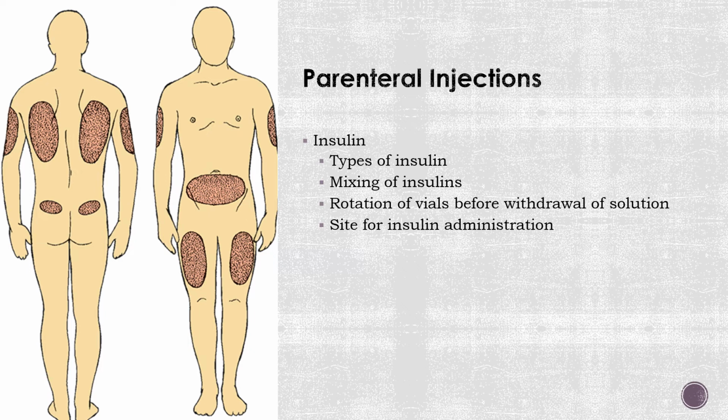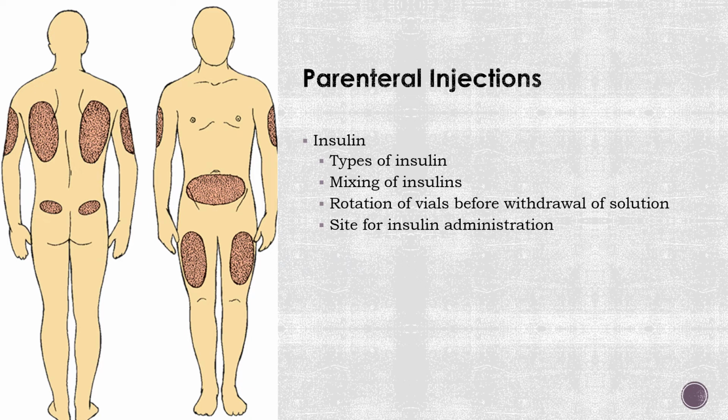We will administer in the subcutaneous layer, in different body parts like the abdomen, but 5 centimeters away from the navel, back of the upper arms, thighs, upper back, and the lower back.